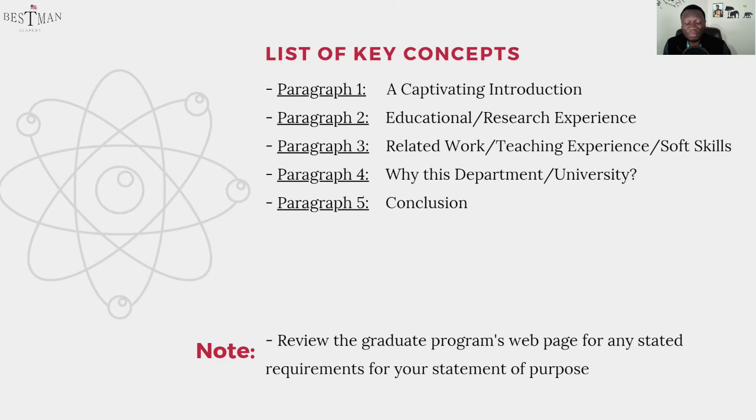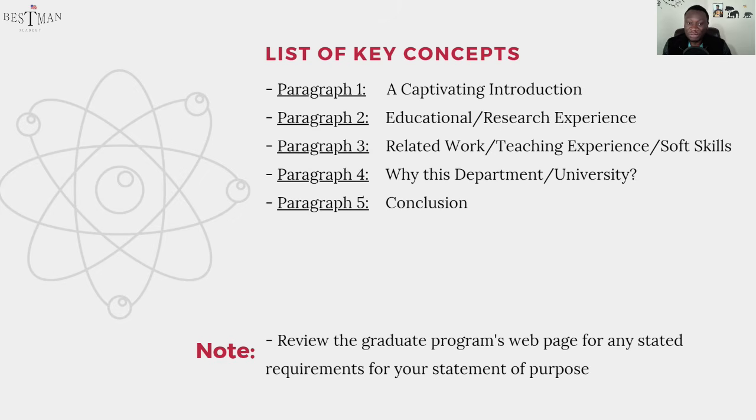We are going to take it paragraph by paragraph, and paragraph 1 is where we'll introduce, so the candidate will have to introduce him or herself to the admissions committee. Second paragraph, this is where you talk about your educational background and your research experience.